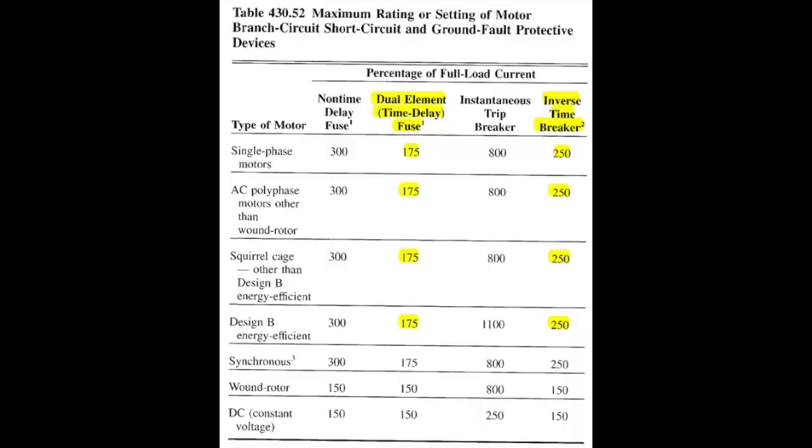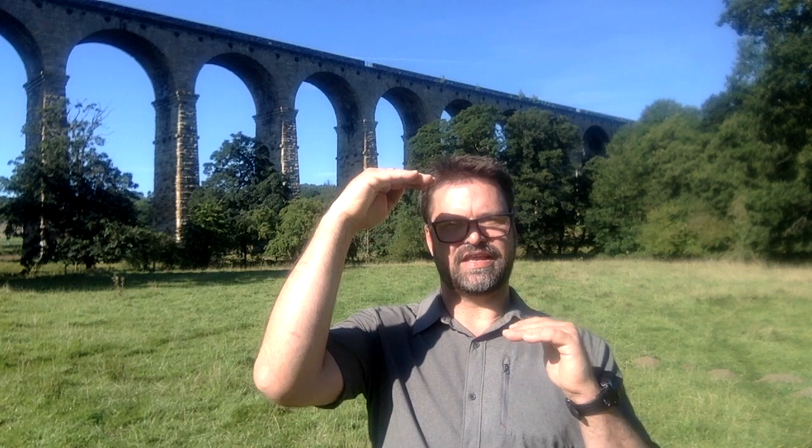It breaks out the types of fuses and circuit breakers in that table, and a certain percentage that's allowed for overcurrent protection. You're going to see inverse time breaker as one of the breakers in that section. Inverse time breaker simply means that the more current flow that's on that breaker, the less time it takes to trip.